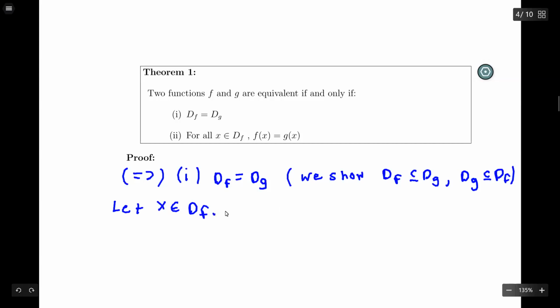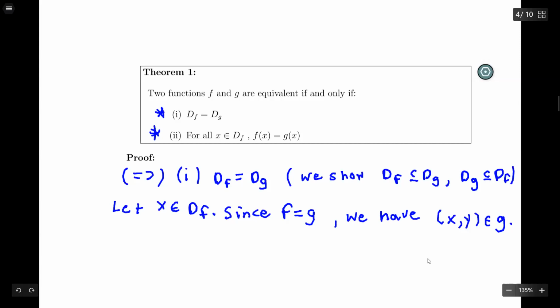So since F equals G, our assumption for the forward implication is that F and G are equivalent, and we have to show that these two conditions hold. Since F equals G, we have (x, y) in G as well, for some y.